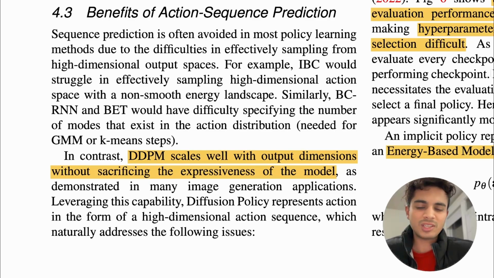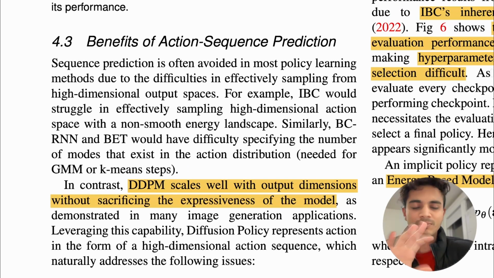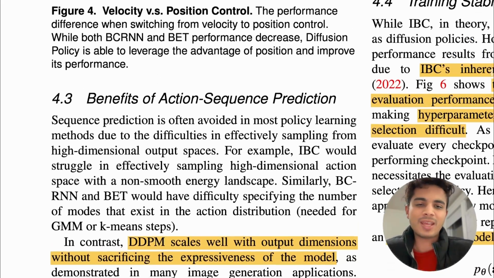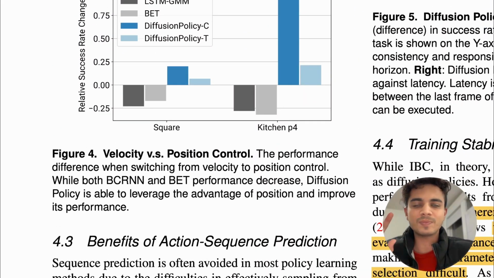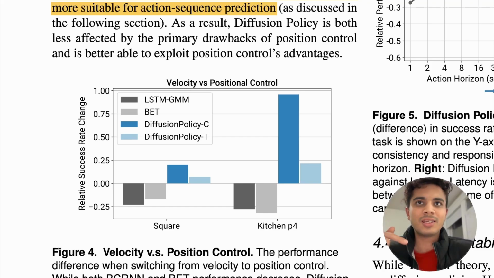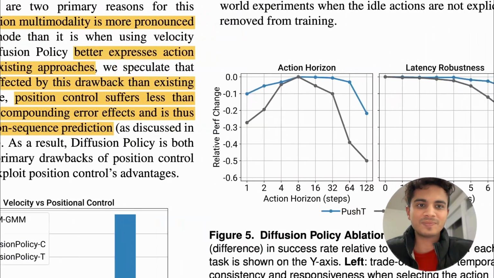And this is being demonstrated in many image generation applications. The main point here is that IBC, BET, LSTM, GMM are all the kind of models which just predict one next action that needs to be taken, and that's it. But what we have here is that diffusion policy is able to generate an action sequence.